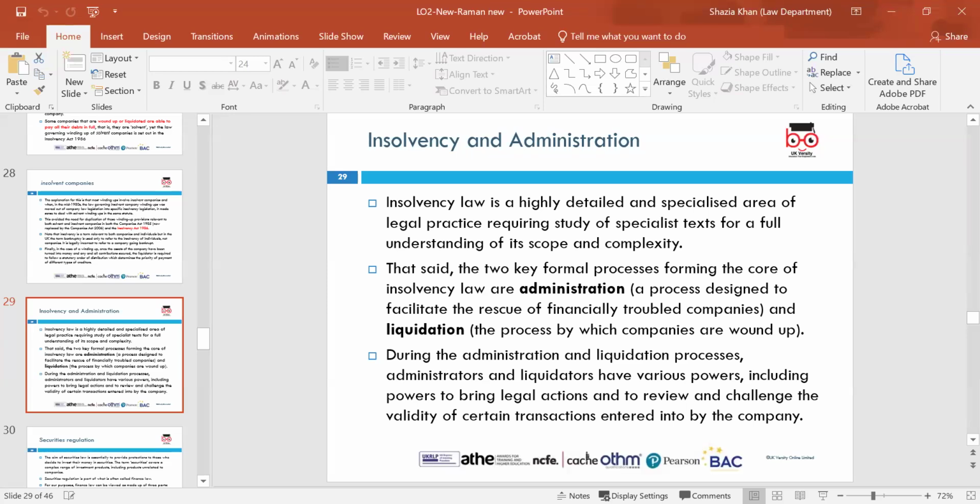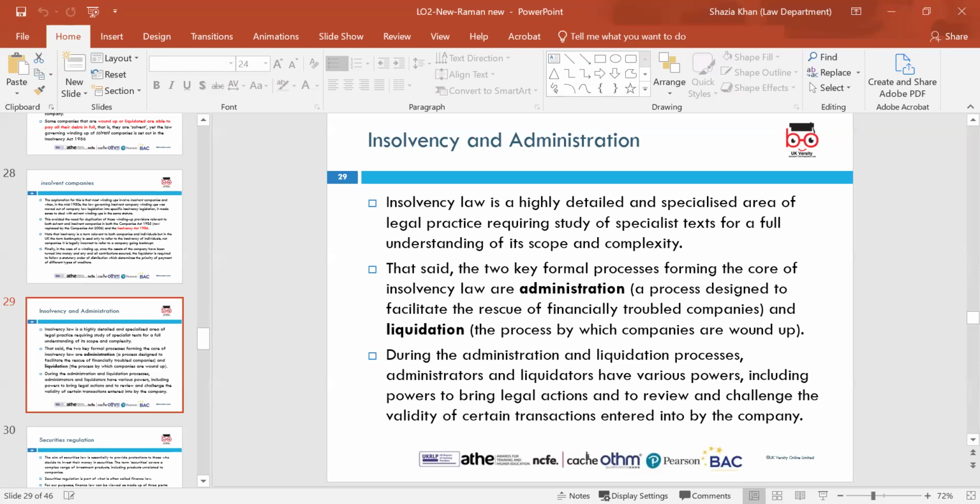There are rescue strategies in place, but if no rescue can happen, there will be compulsory liquidation, a formal insolvency procedure which results in a company being forcibly closed.